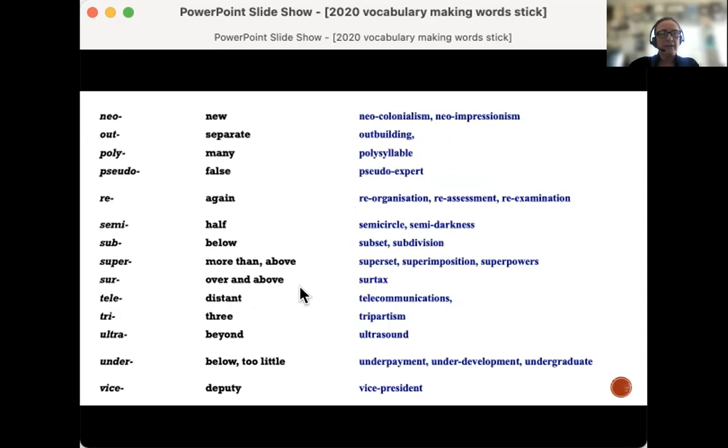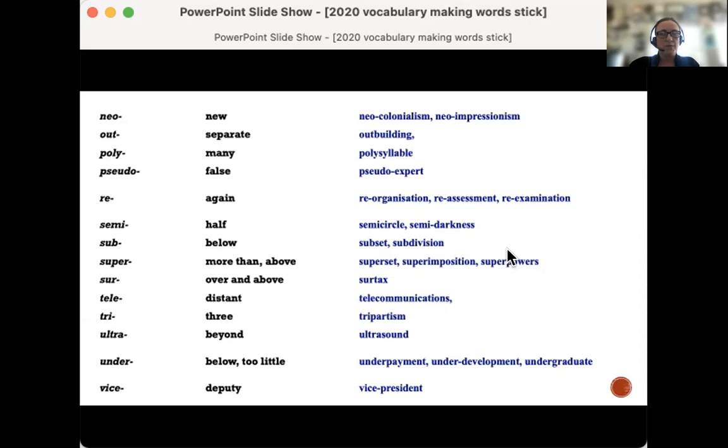Same with tele, right? Telephone, we know, but if we know tele, as in telecommunication, it's distant communication, right? So hopefully I'm convincing you that the words you're trying to remember are not just whole parts, they're pieces, and you can definitely relate them to other words.